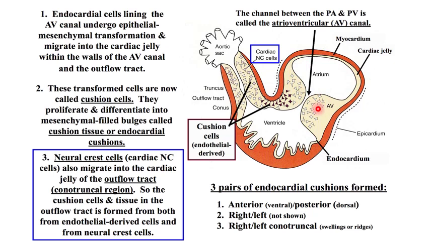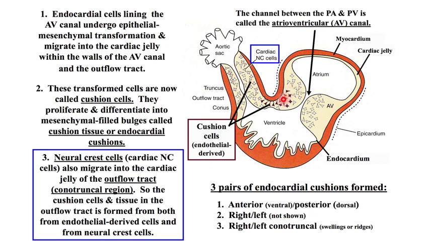These endocardial cells lining the AV canal, which is between the primitive atrium and the primitive ventricle, undergo mesenchymal transformation and migrate into the cardiac jelly and start proliferating, approximating each other to form the septum intermedium, dividing the common atrioventricular canal into right and left atrioventricular canals.